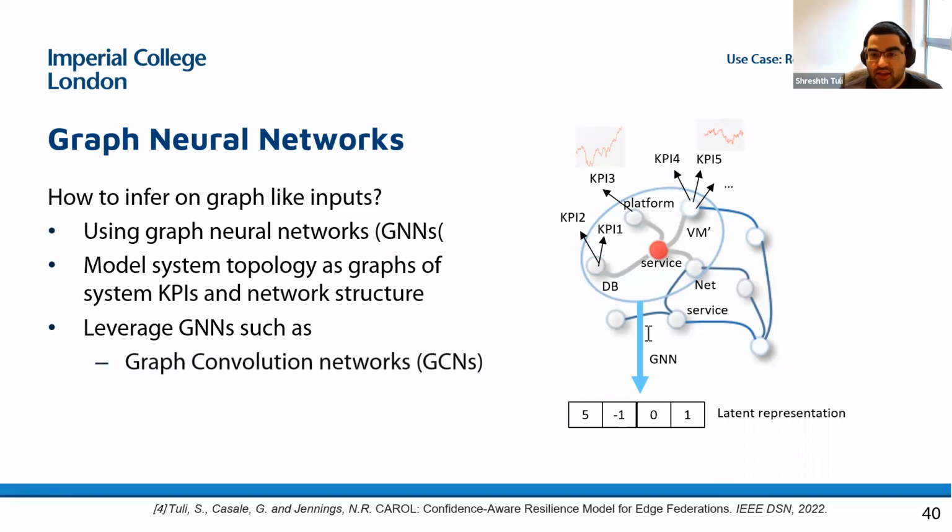And we can then forward this graph to a neural network model, such as a graph convolution neural network or a graph attention neural network. And these allow us to generate dense latent representations, as shown on the right, that could then be processed by downstream predictors, such as fully connected networks or traditional deep learning models.